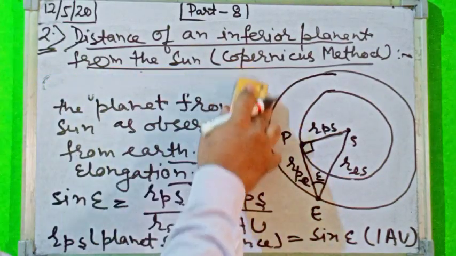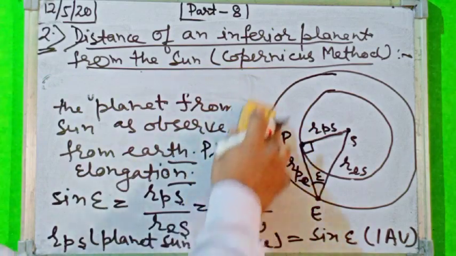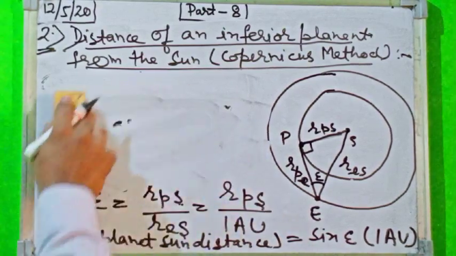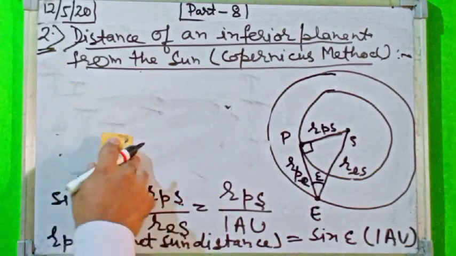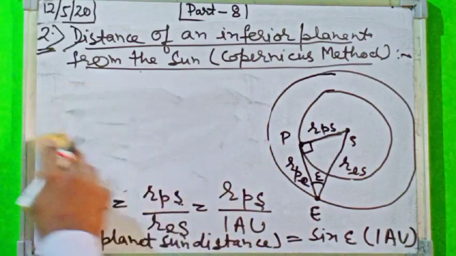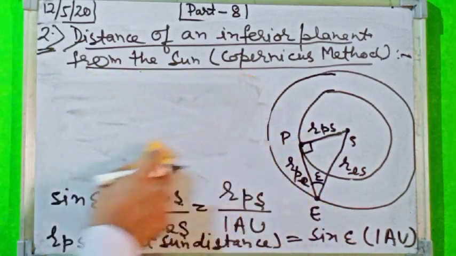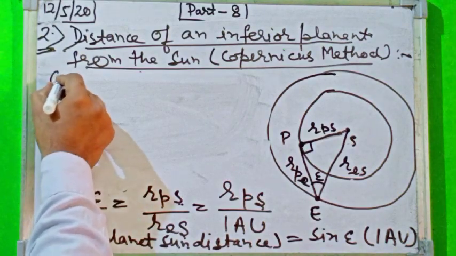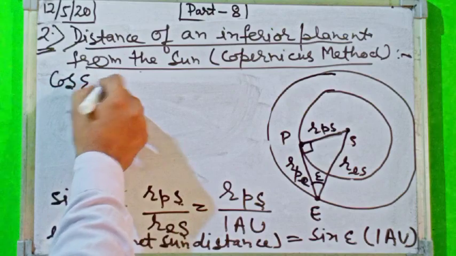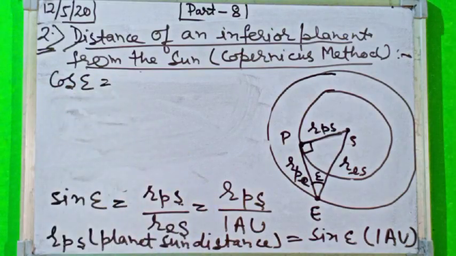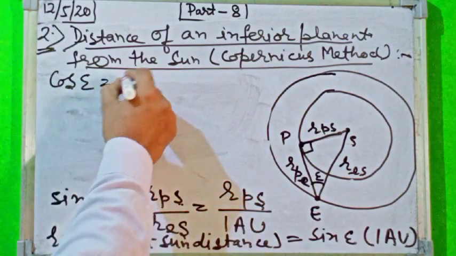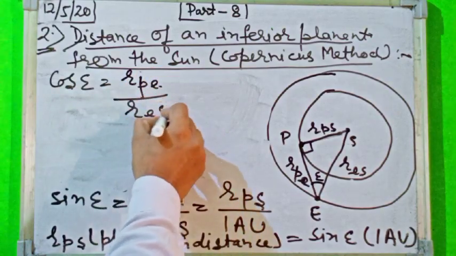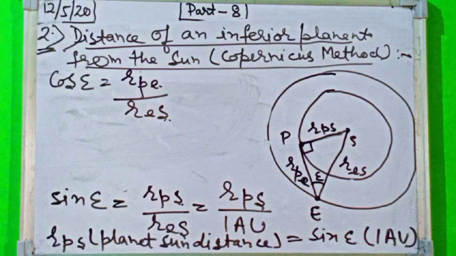Now we will find cos epsilon. Cos epsilon is equal to base upon hypotenuse, and the base is RPE upon RES. RES you know is one astronomical unit.